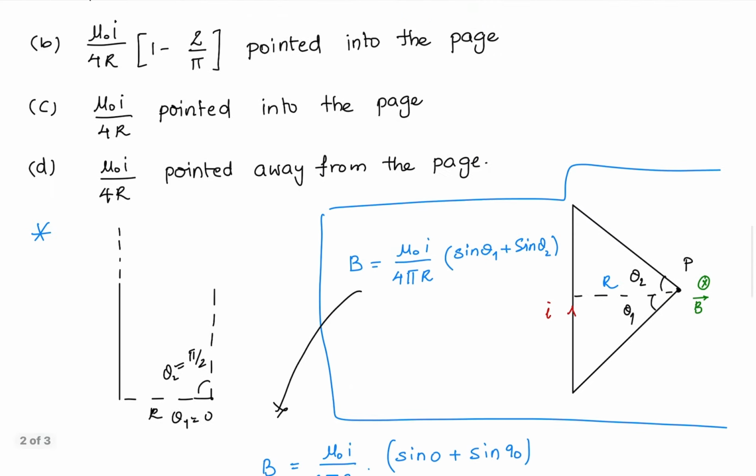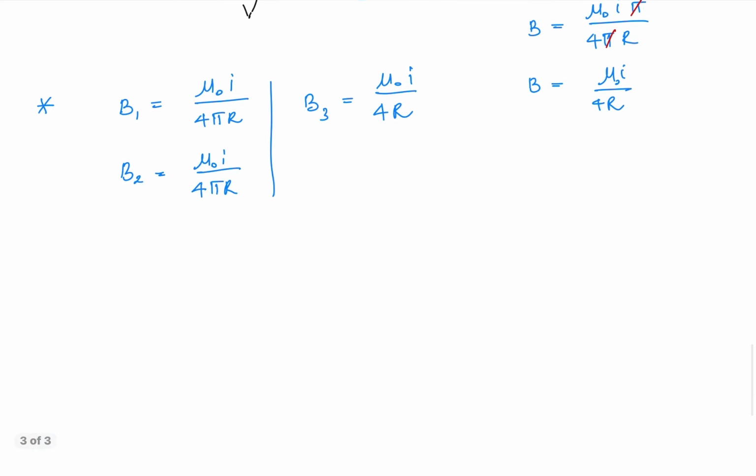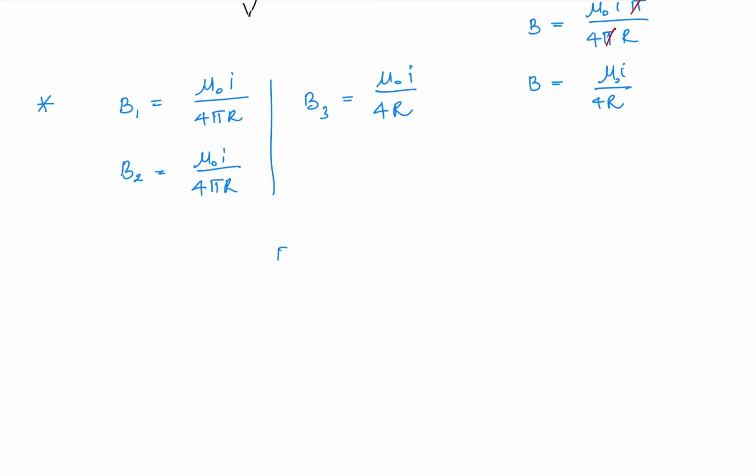Now, there are two magnetic fields at this point which are into the plane of the paper. This means B1 and B2 are in the same direction, and B3 is in the opposite, anti-parallel direction to B1. So the net field at the point P, B net, if I take into the plane of the paper to be negative and out of the plane of the paper to be positive, will be minus B1 minus B2 plus B3.